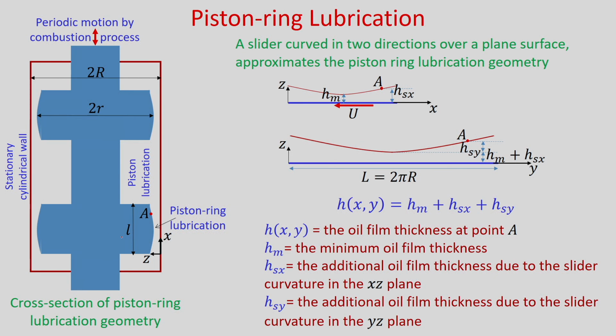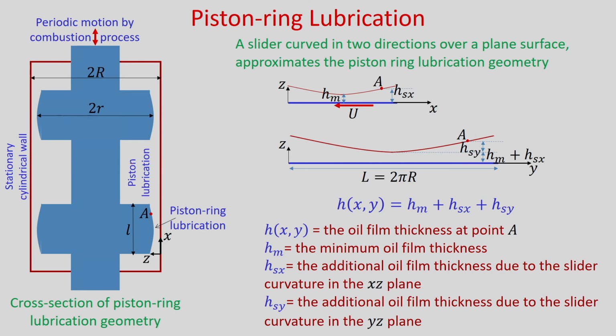In this case, you can see that this is the stationary cylindrical wall, and inside we have the piston, which has a periodic motion due to the combustion process. 2r is the diameter of this stationary cylindrical wall, and with this piston we have a ring whose radius is small r.